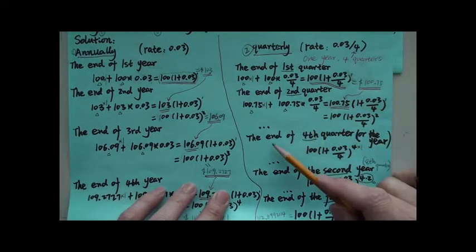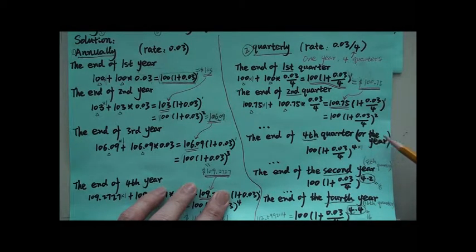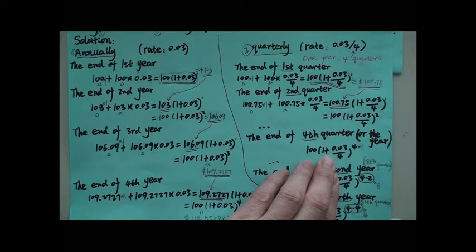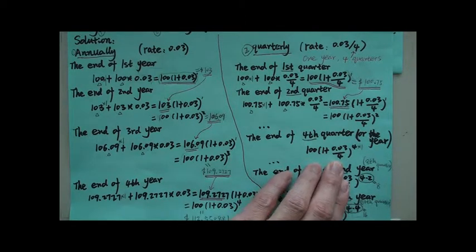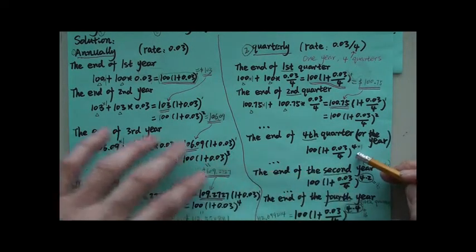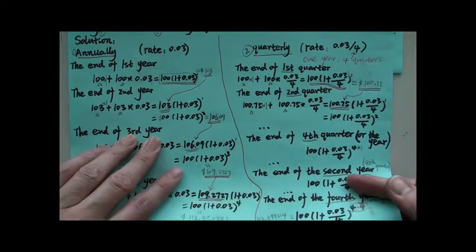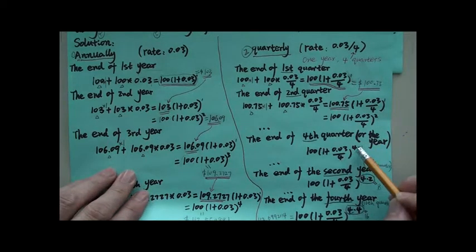The end of the fourth quarter, or you may say the end of the year, would be 100 times the quantity 1 plus 0.03 over 4, to the fourth. Now that's the end of the fourth quarter, also the end of the year, so here is 4, here is 4.